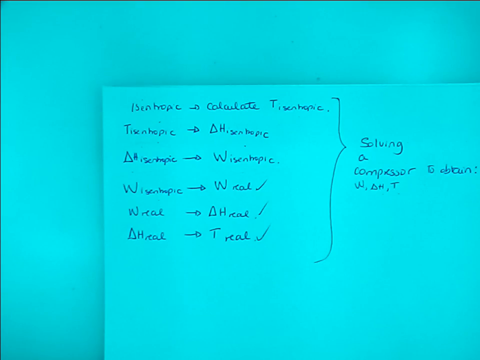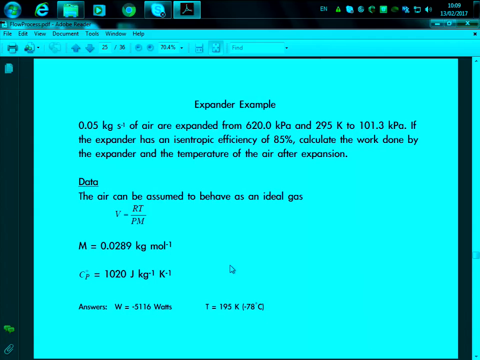The example says we have 0.05 kilograms per second of air, which are expanded from 620 kilopascals and 295 kelvins to atmospheric pressure, 101 kilopascals. If the expander has an isentropic efficiency of 85%, calculate the work done by the expander and the temperature of the air after expansion.